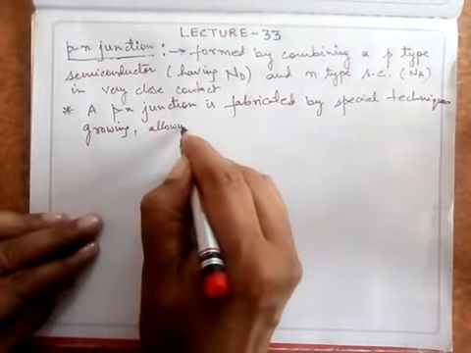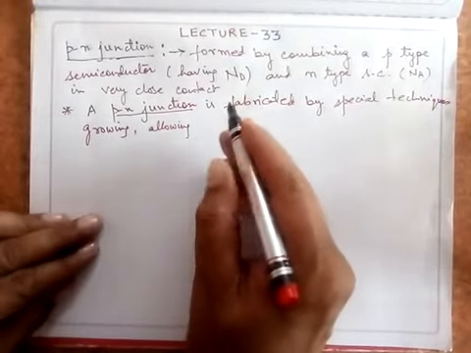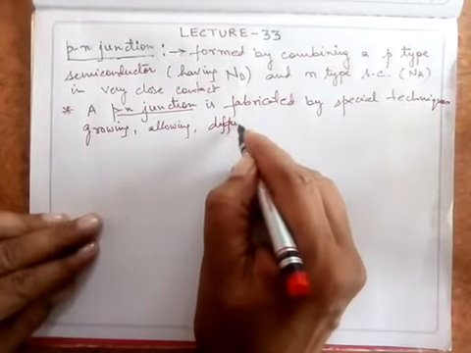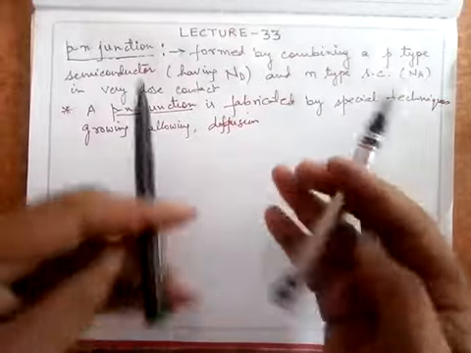Another method is alloying, in order to make a PN junction. And diffusion is also a method.